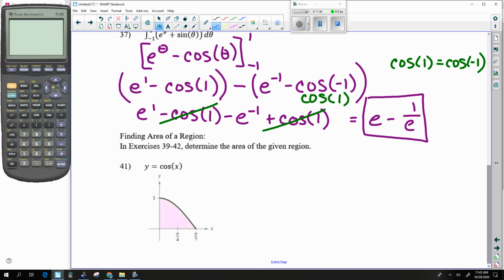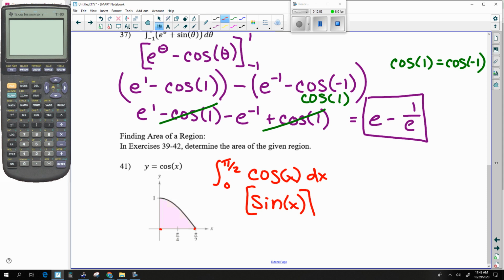All right, number 41, determine the area of this. So this starts at 0 and goes to pi over 2. That's the area that they want. And this graph happens to be a cosine. So cosine goes to a straight up sine, not negative sine, on integrals. This goes from 0 to pi over 2. And circle time.